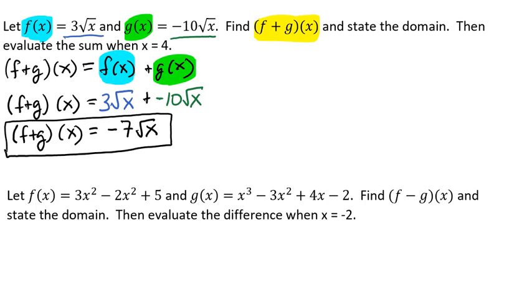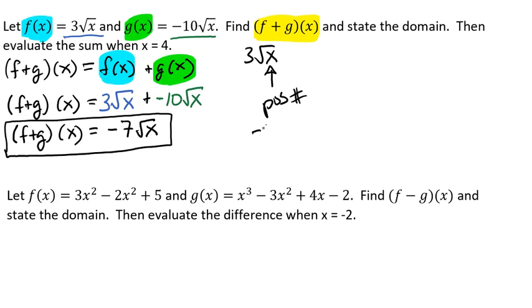So remember that the domain consists of all real numbers that are common to the domains of f and the domains of g. So if we look at f, or 3 times the square root of x, we know that we can only have positive numbers here.